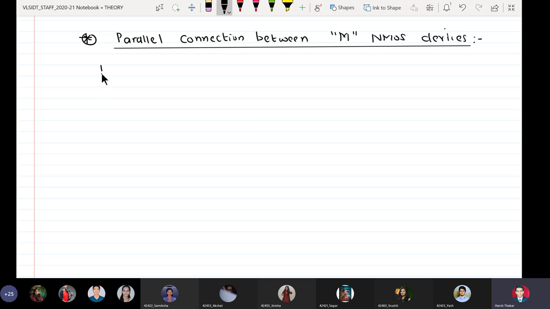Again we have the pull-up network coming, output node Y, and here I have M number of devices connected in parallel.